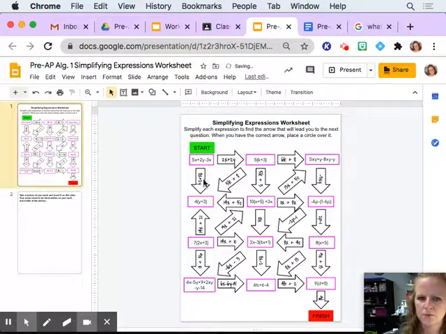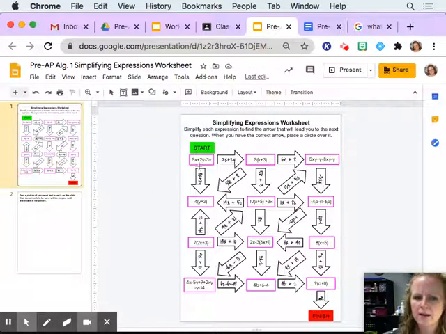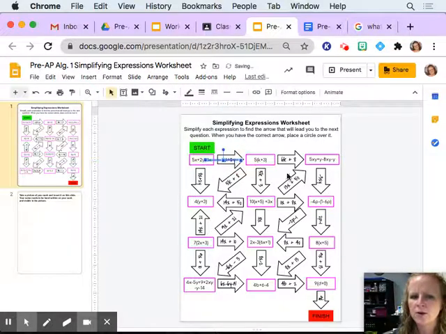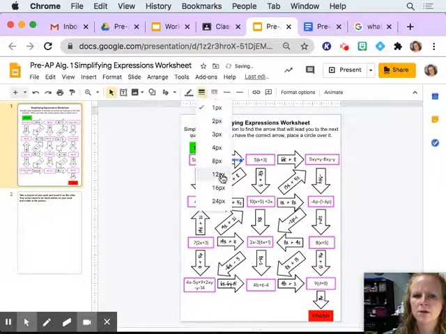or a shading tool, you could probably just go like, let's see, 5x minus 2y plus 3x. So you do 5x minus 3x is 2x plus 2y. So it'd go over here. But make that darker and thicker.